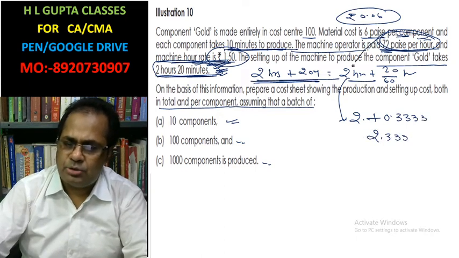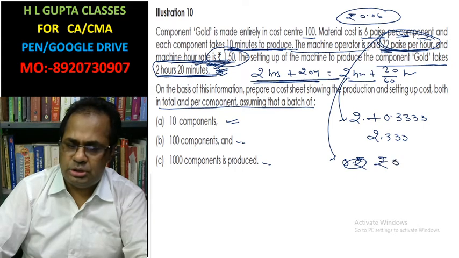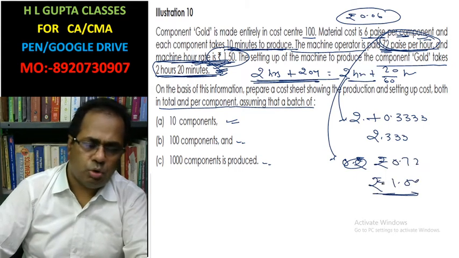The rate is 0.72 for the operator and 1.50 for overheads.